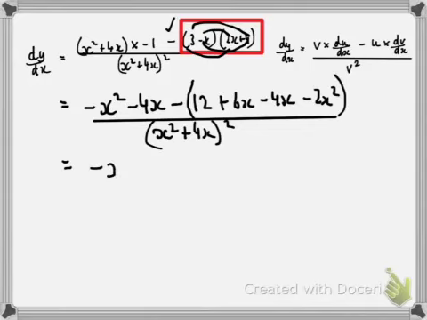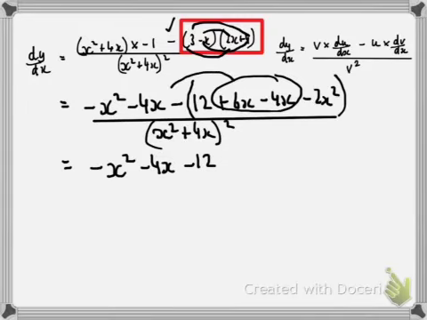Right, so it's negative x squared minus 4x minus 12. Now I'm going to do two steps in one. So 6x minus 4x is going to be 2x. Then if we get the negative of 2x, it's negative 2x. Sorry, the minus of negative 2x squared, which is plus 2x squared.